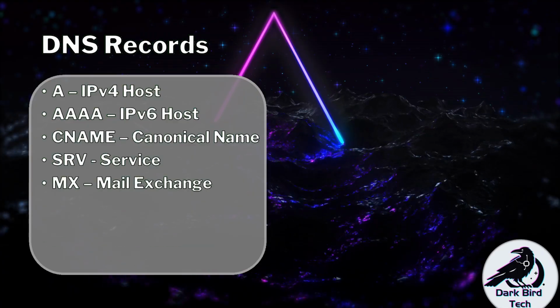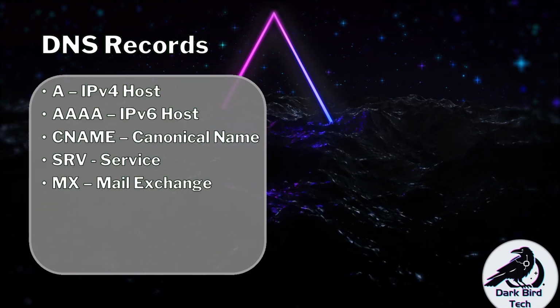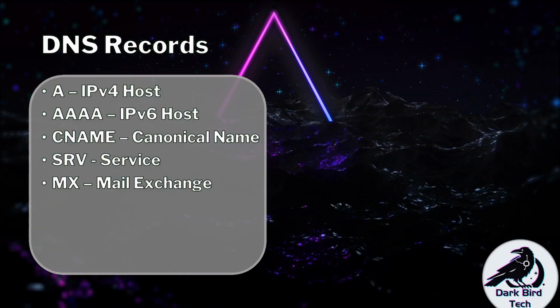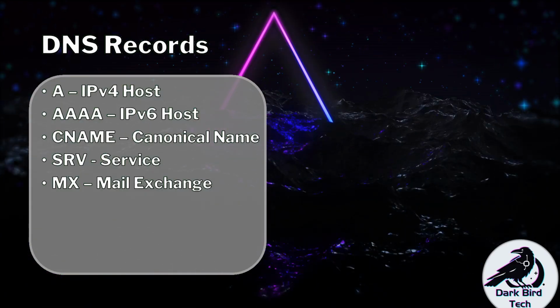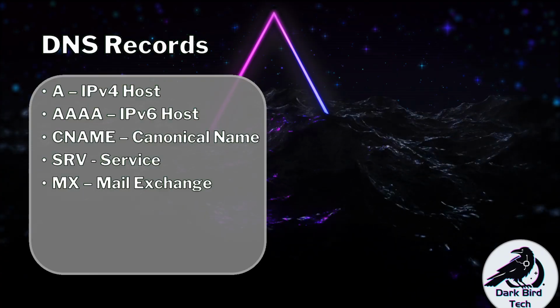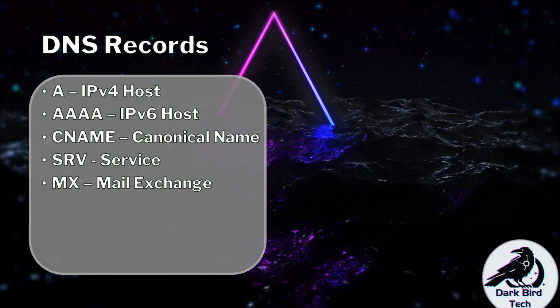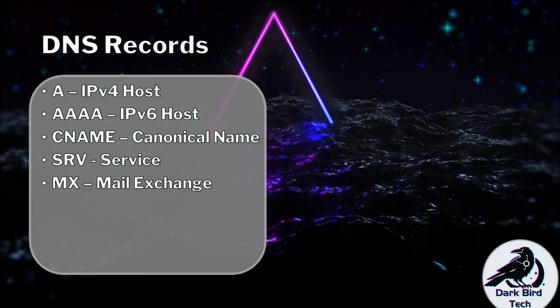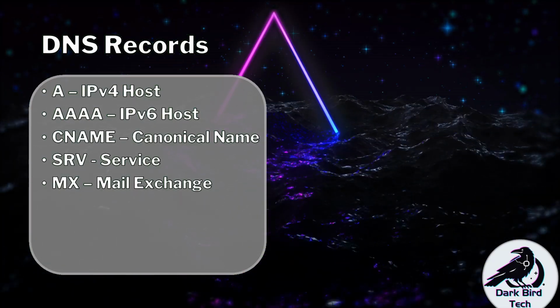Then another kind of cool record is something called an MX record, or mail exchange record. If you send an email to me, you don't care whether my mail server is smtp dot whatever, pop3 dot whatever, imap4 dot whatever, or anything else dot whatever my domain name is.